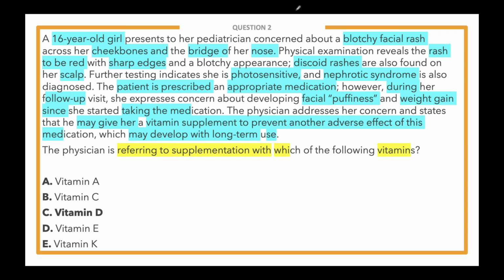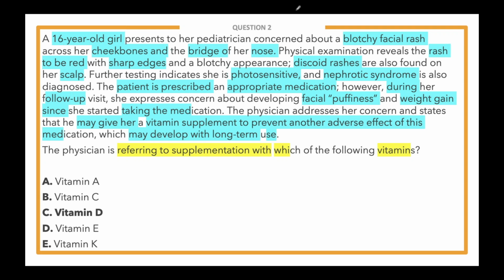D. Okay. Looking at the other answer choices, you can see there that vitamin K, that can sometimes be associated with the use of warfarin, vitamin K deficiency, but that's not what's going on in this patient.